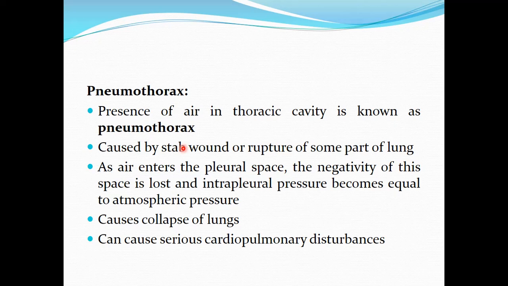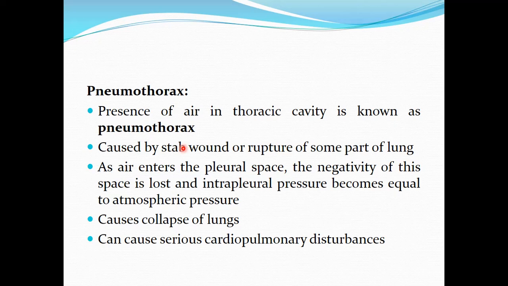Now coming to the next topic, which is pneumothorax. Pneumothorax is an abnormal or pathological condition. Just a few minutes ago, we discussed that in a normal person, the pleural space does not contain air. It is a closed space and it only contains a few ml of pleural fluid.